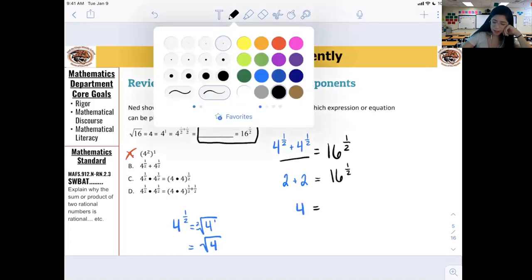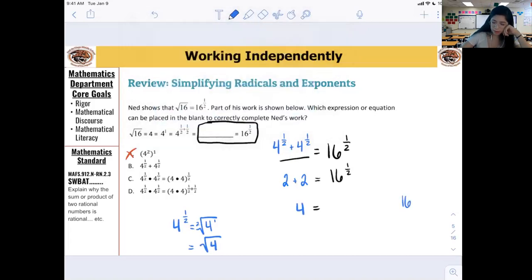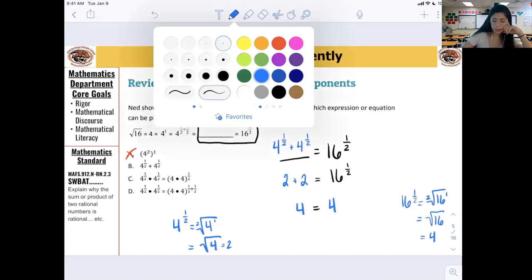Same thing, because 16 to the power of 1/2 has the 2 on the balcony and the 1 on the inside, which we don't need to write. What is the square root of 16? It's 4. So 4 equals 4. We got a match.